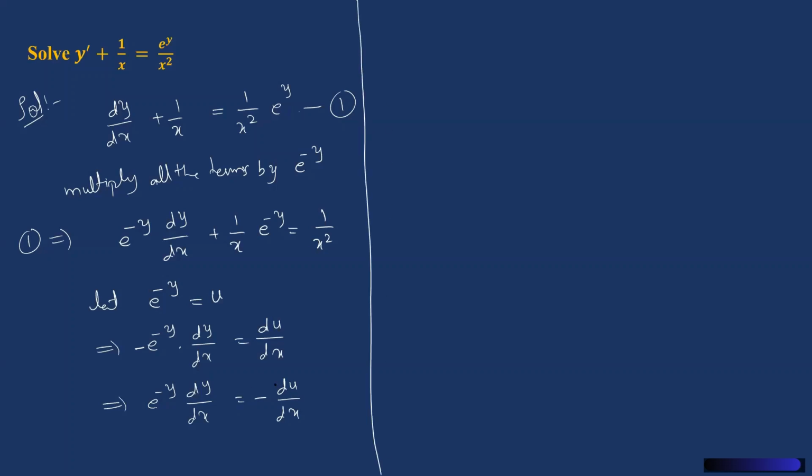Correct? Now let me take this as equation number 2. Therefore, equation 2 implies, see what happens when we substitute everything into this. In place of the first term we can write minus du by dx, plus 1 by x into, in place of e power minus y I'm writing u, is equal to 1 by x square.